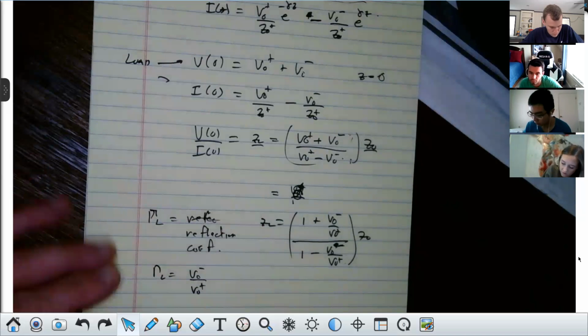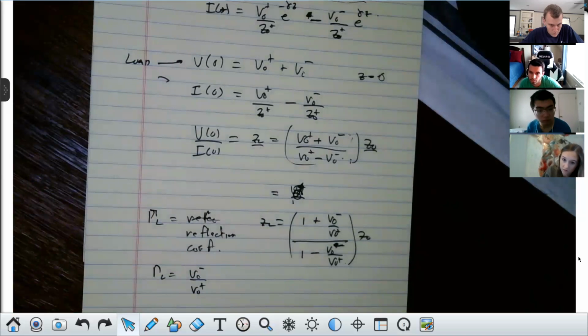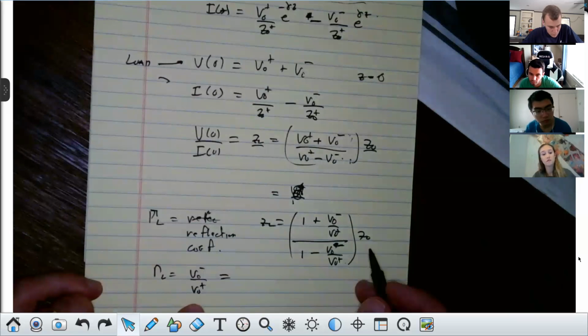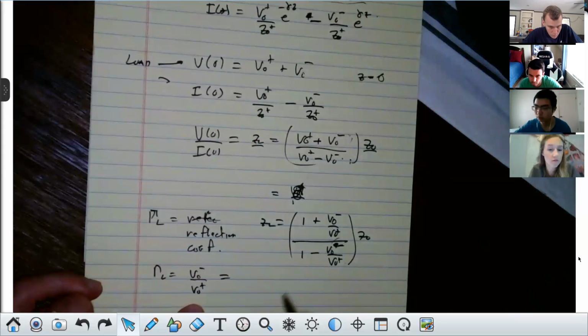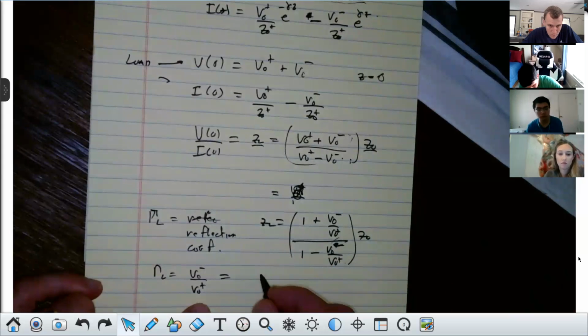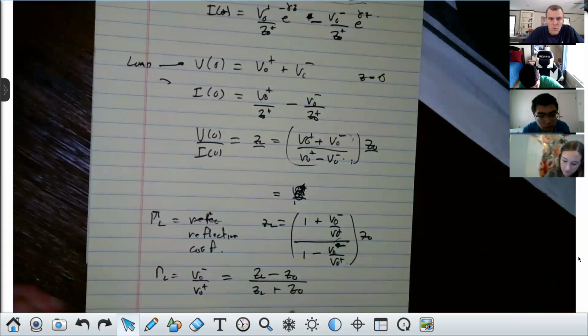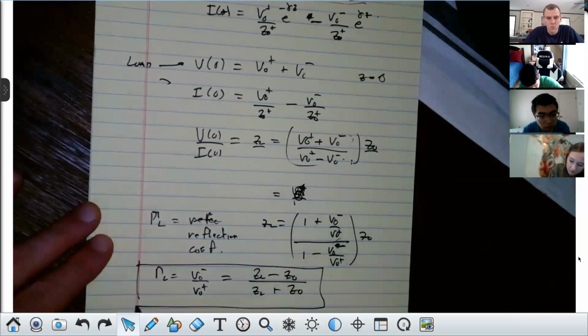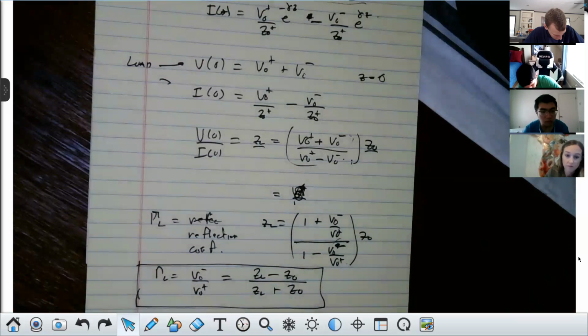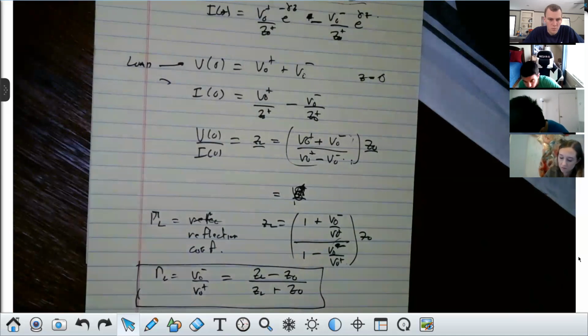So it's how much of the incoming signal that hits the load is reflected from the load. And when you manipulate this, we can solve for that quantity. That will be equal to ZL minus Z0 over ZL plus Z0. Now this is one that's very important. It's the reflection coefficient at the load. And he shows you that in equation 2.65 on page 49. And it's very important. Okay?